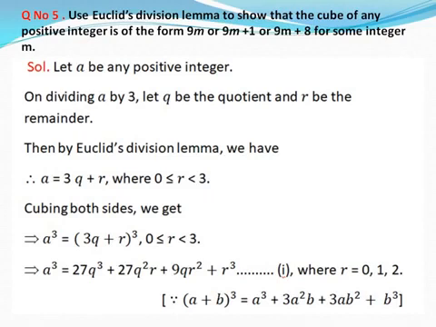By using the formula (a plus b) whole cube is equal to a cube plus 3a square b plus 3ab square plus b cube, a cube is equal to 27 q cube plus 27 q square r plus 9q r square plus r cube. Let this be equation first, where r is equal to 0, 1, 2.